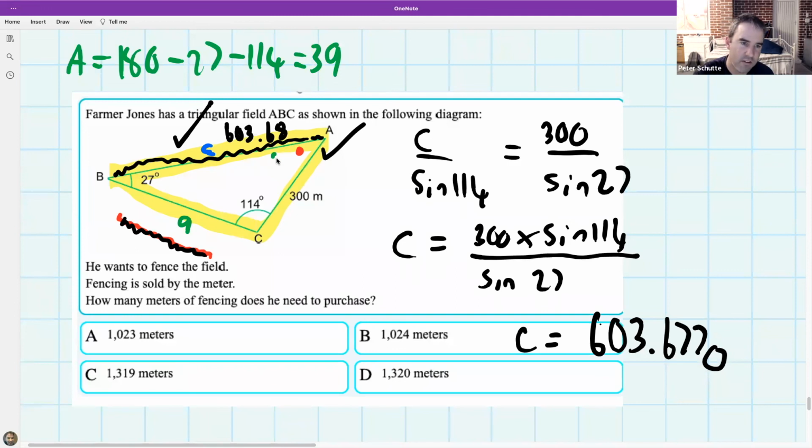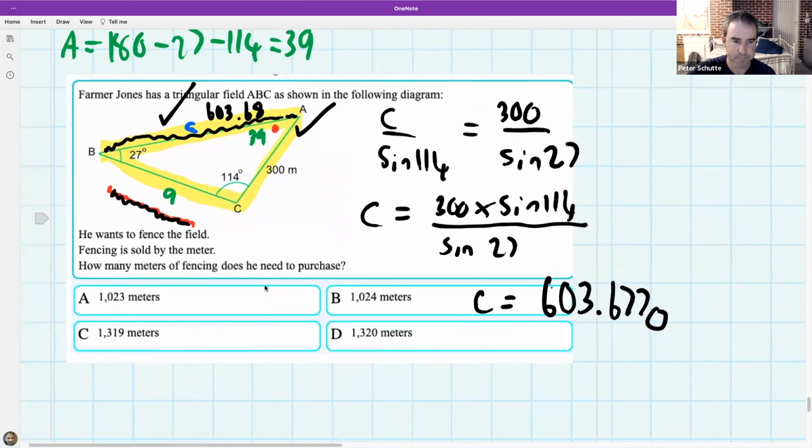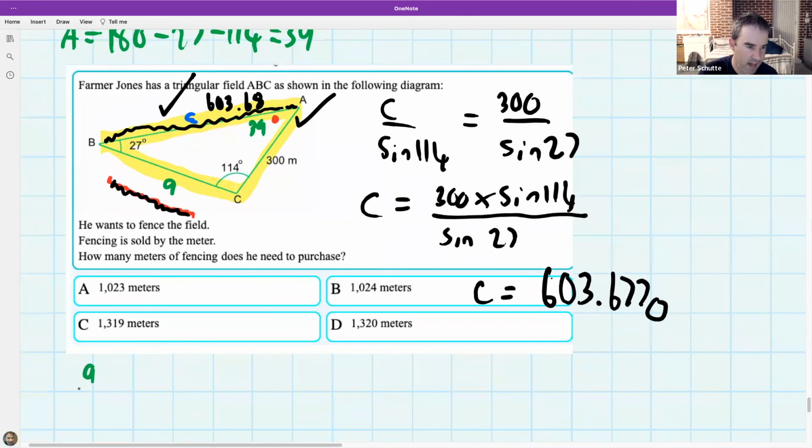So if we know that's 39, what have we still got left to find? Oh, I see options are coming in here. So I think what you guys have done is you have then said, I'm going to work out what A is. Let me zoom out for a second. So I'll go down here. A divided by the sine of 39 is equal to 300 divided by the sine of 27.